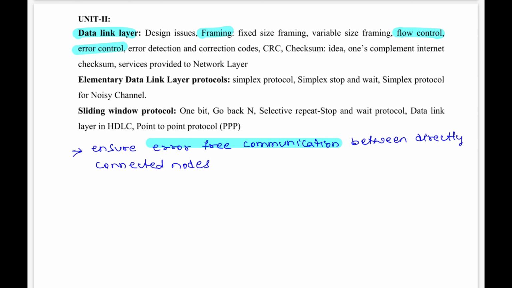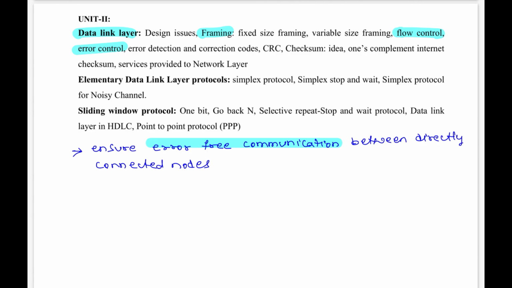And error control in the sense detecting and correcting transmission errors. And the reliability issues ensure correct and ordered delivery.